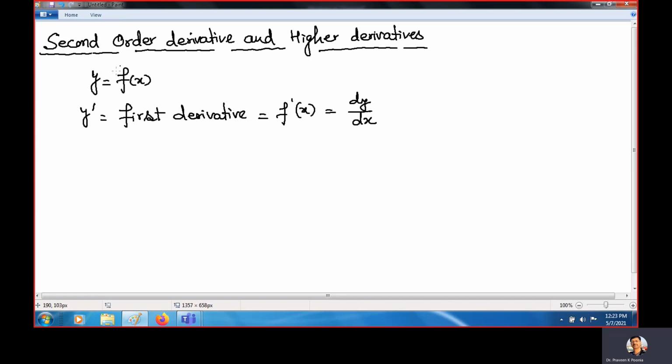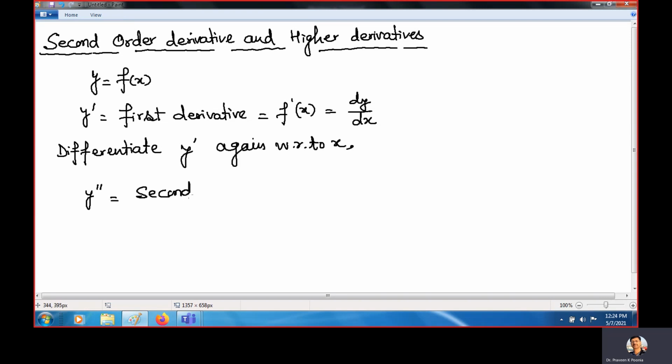Clear? But we can evaluate higher derivatives also. How to find the higher derivatives? Differentiate y dash again with respect to x. So if we differentiate y dash, we will get y double dash, and y double dash is called the second derivative.